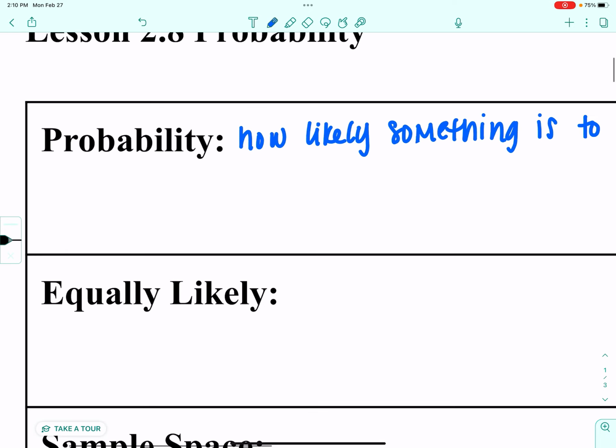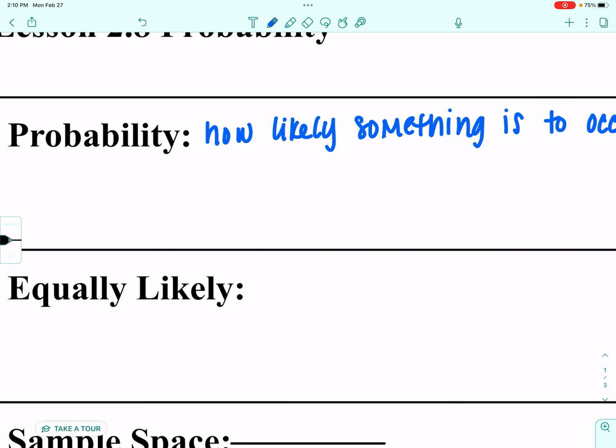When we talk about probability, the lowest probability you could possibly have is 0, and the highest probability is 1. So we're going to be looking at decimals or percentages for our probability, also throwing in some fractions.